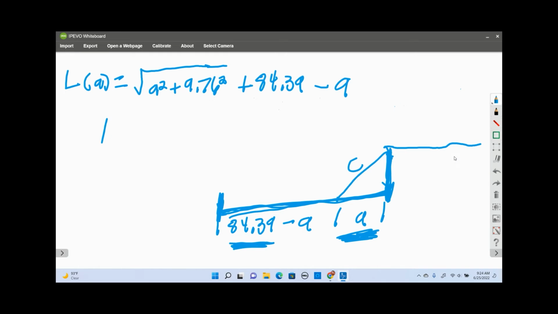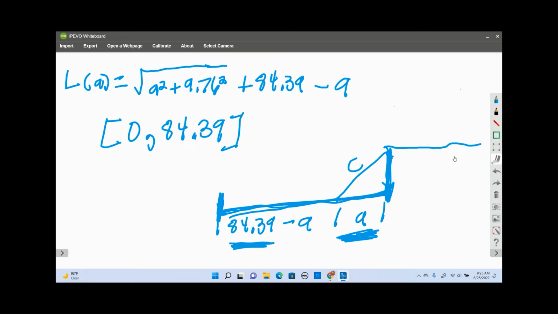So our feasible domain is 0 to 84.39. So 0 is the smallest A could be, and 84.39 is the biggest A could be. So now we'll see if we have any critical points.